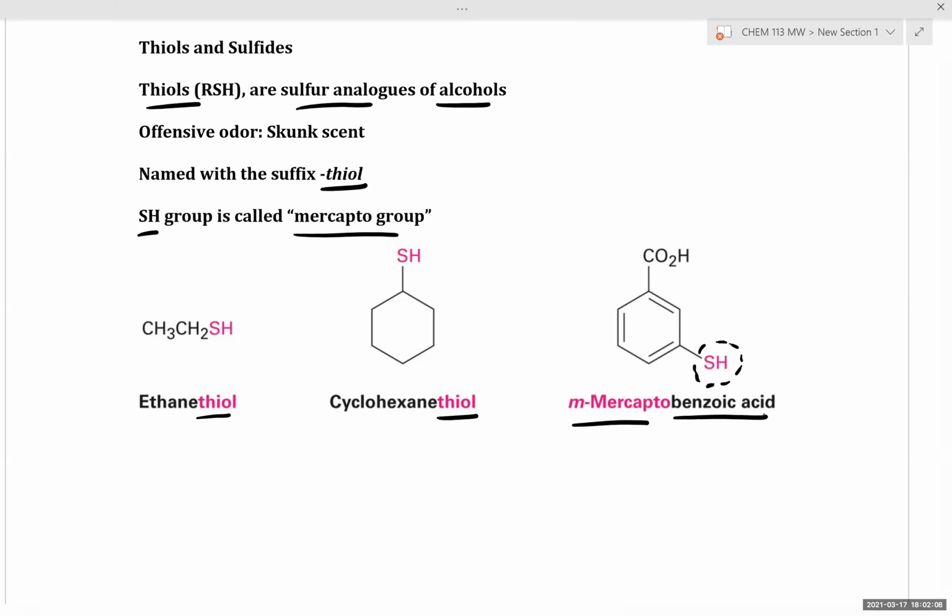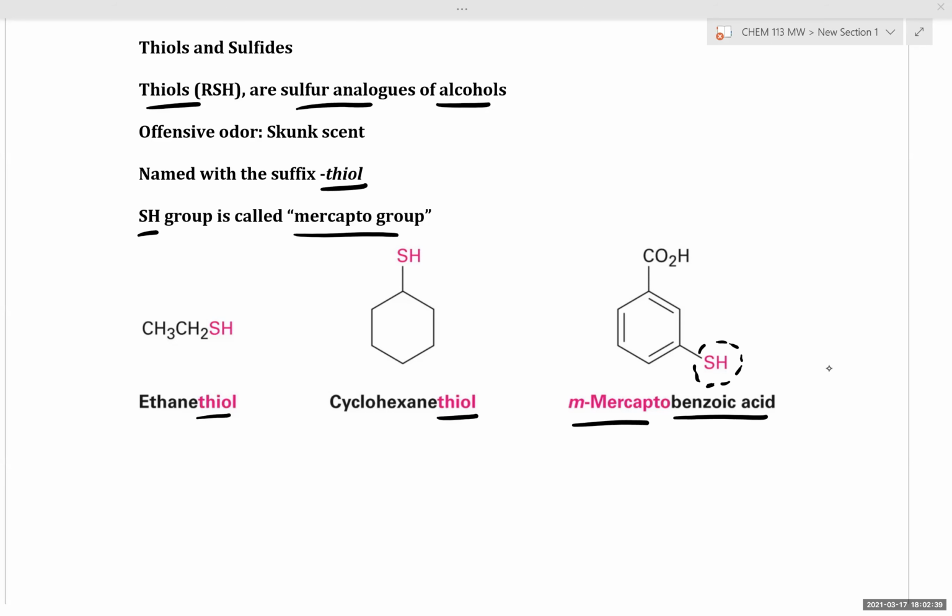Does this make sense to everyone so far? So a common name for many thiols is mercaptans.